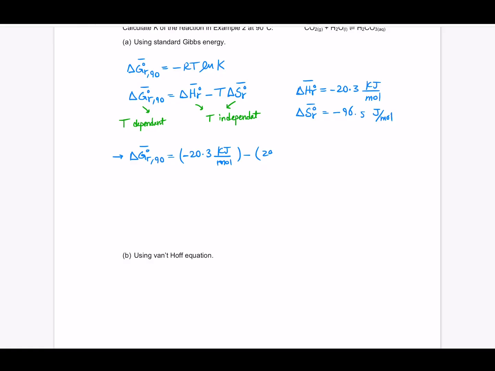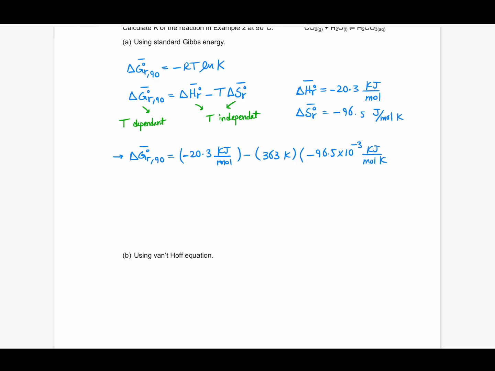This would be 363, 273 plus 90 C, 363 Kelvin, times minus 96.5 times 10 to the minus 3 kilojoule per mole per Kelvin.